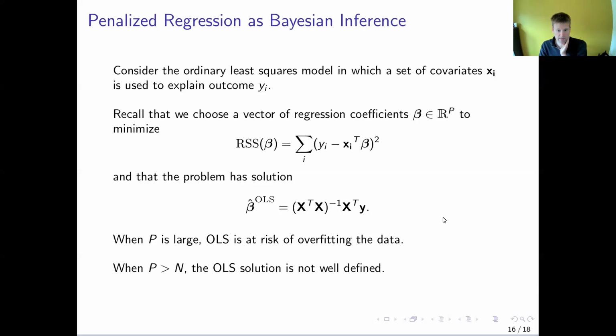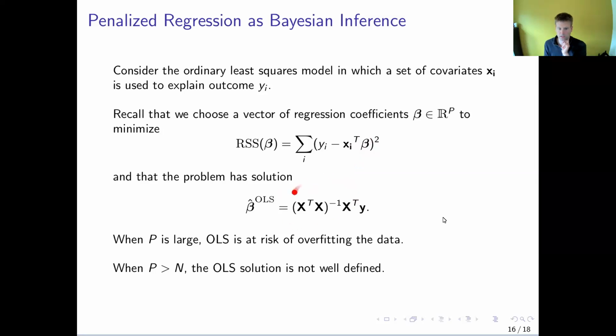Okay, so I have a set of covariates X. All right, so I'm linearly combining them with a set of regression coefficients. And I'm trying to do inference on those regression coefficients.